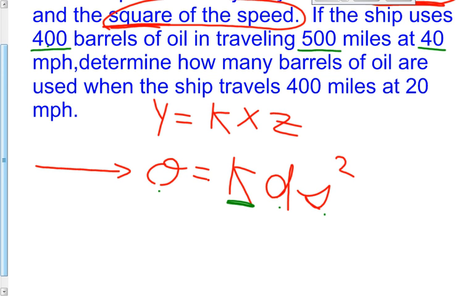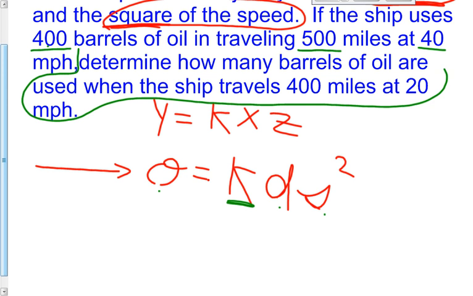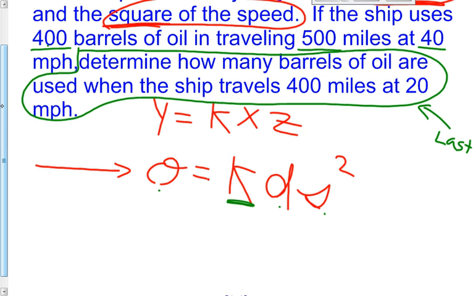Then once we find our constant of variation, we can do this part last again. Then we can find out how many barrels of oil with 400 miles and 20 miles per hour. So, the amount of oil used, there we are, 400 barrels of oil.